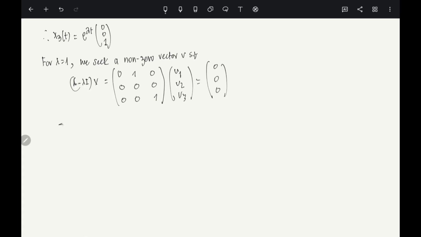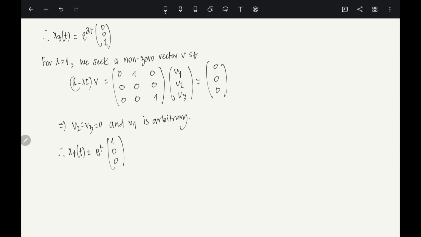This implies v2 equals v3 equals 0, and v1 is arbitrary. It's trivial, right? So what is the first solution? x1 of t is e to the power t times (1, 0, 0).